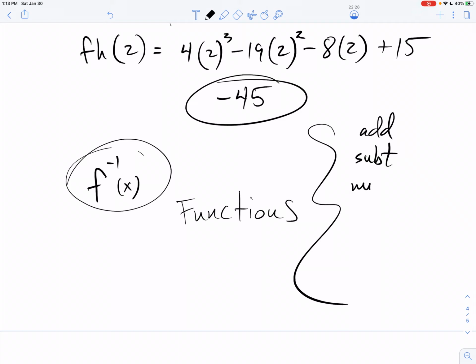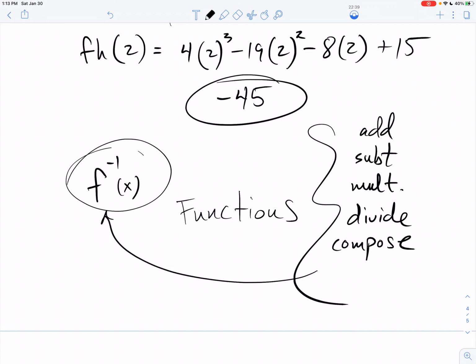You can multiply them. You can divide them. You can compose them. And then you can do this little dude, which is coming up in the next one, called invert it, or find its inverse. That is it. And then we are done with this unit.